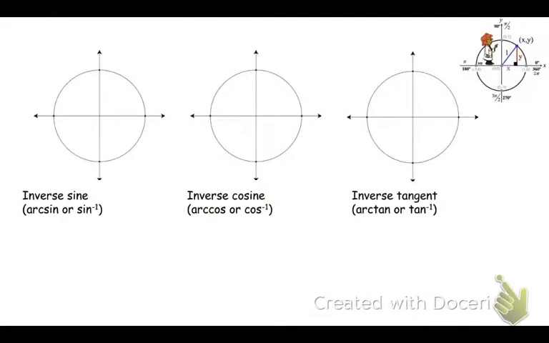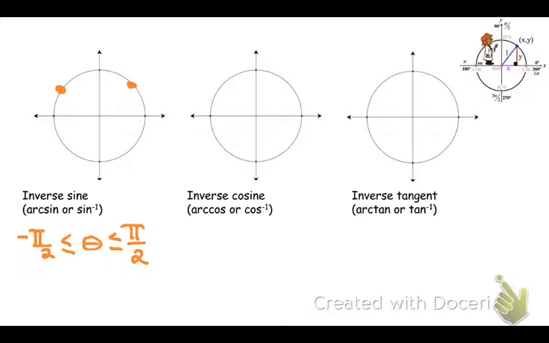Because sine is a y value, theta is going to fall between negative pi over 2 and pi over 2. And let's take a look at why that is. If I had a point on my circle here and a point on my circle here, these y values are the same, and we want to avoid repetition or duplicate answers.